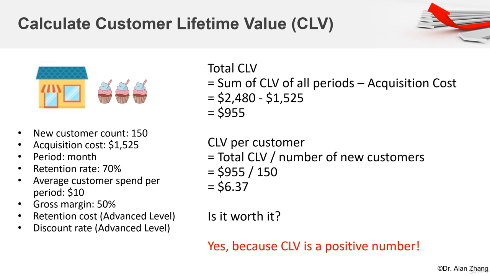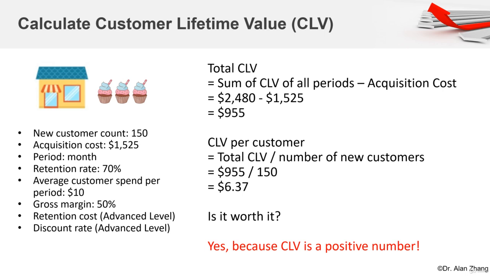In the last section, I also talked about another method, which is much cleaner to calculate CLV. Do you still remember that? How do we use that method to calculate CLV, and how is it different from the method I just showed you?